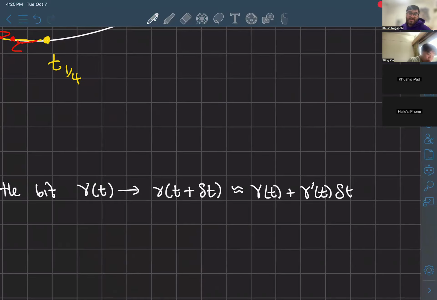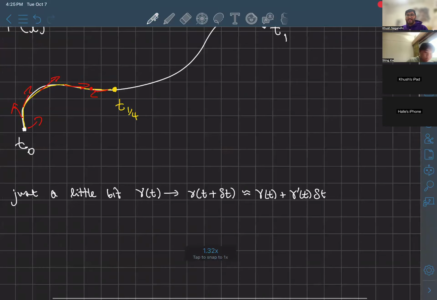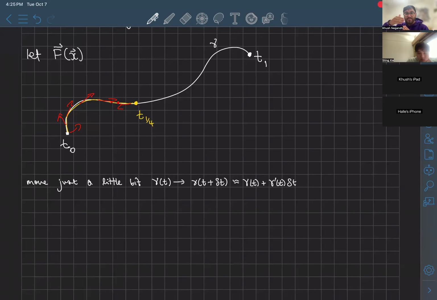And now the question is, how much work has the force done when I move from gamma of t to gamma of t plus delta t? One way to see this is how much of the force is with me versus how much of the force is against me.